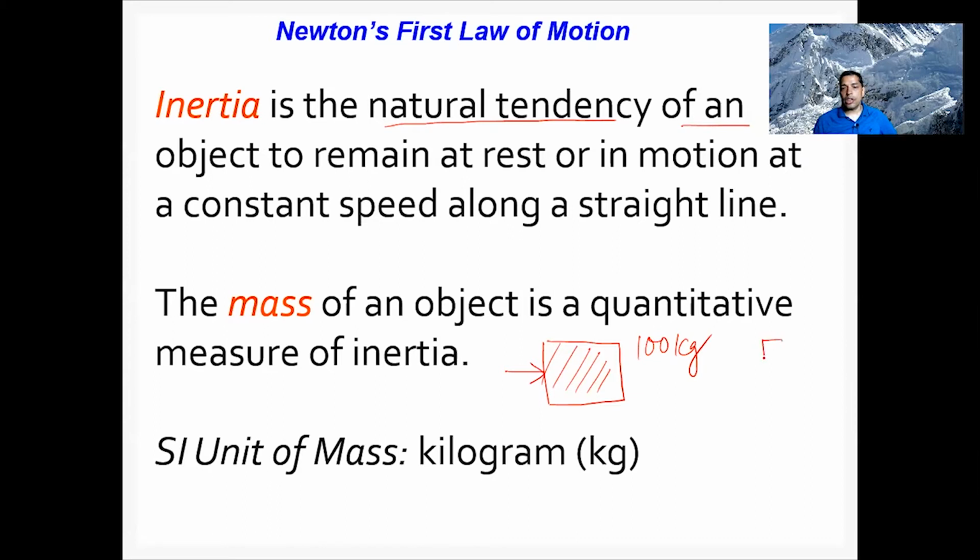Versus there is another object here, which is, let's say, 50 kg. Which one is easier? Both of them are at rest. Which is easier to push? Let's say this is A, this is B. B is easier to push. You know why? Because B has less inertia.